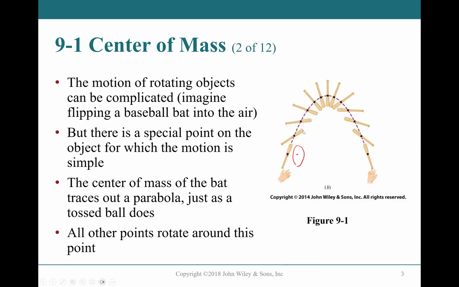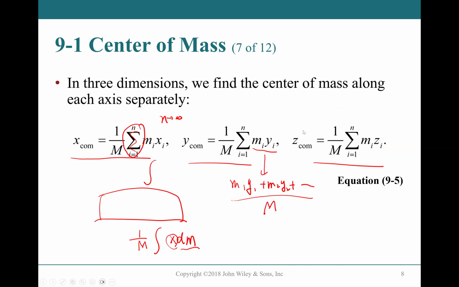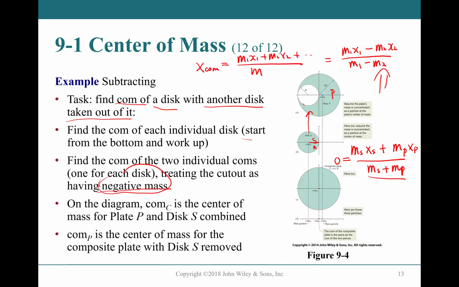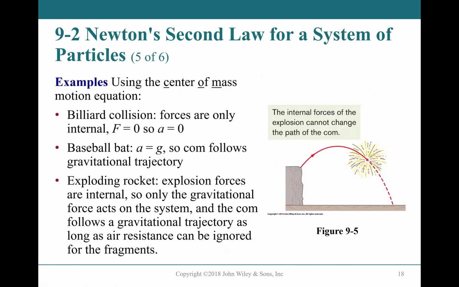What is the acceleration? If you take the acceleration of the center of mass, it's actually doing free fall. So that's why acceleration will be equal to g. So center of mass follows the gravitational trajectory. And here we should have a equals negative g, okay, because it's free fall.